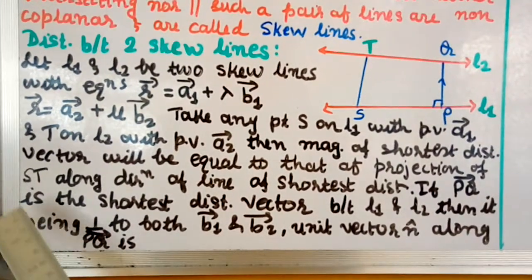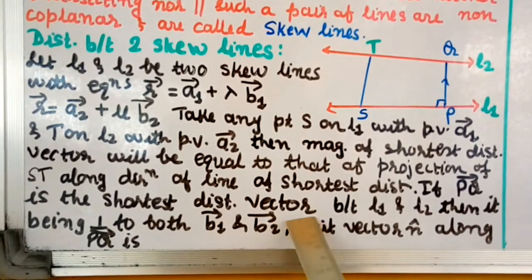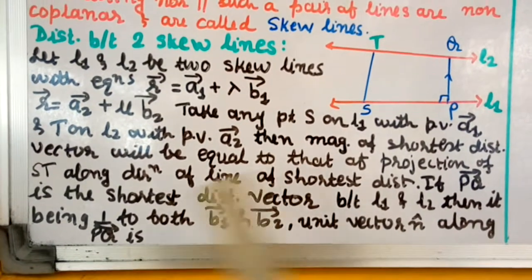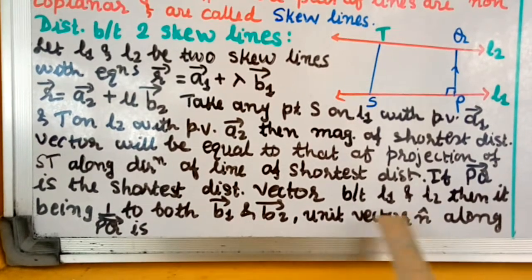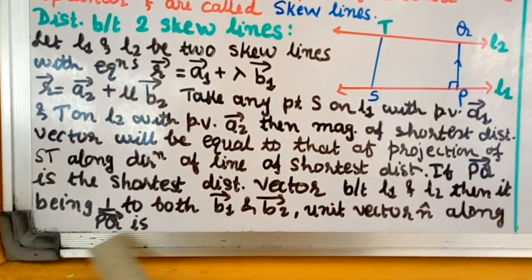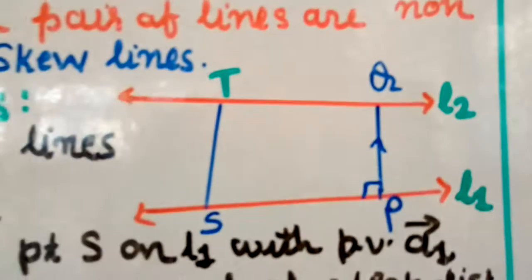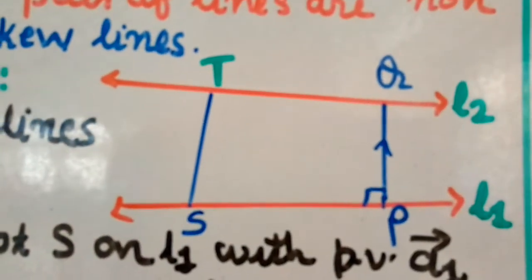If vector PQ is the shortest distance vector between L1 and L2, then it is perpendicular to both B1 and B2, and the unit vector n cap along PQ is given by n cap equal to B1 cross B2 divided by magnitude of B1 cross B2. Now the shortest distance we take as PQ, and this PQ has to be perpendicular.